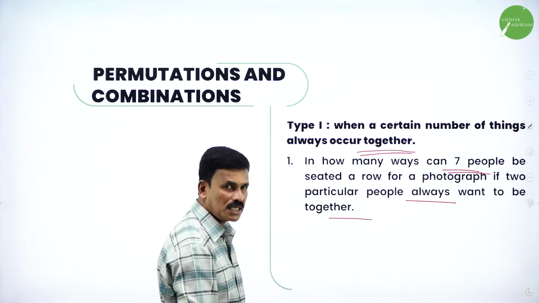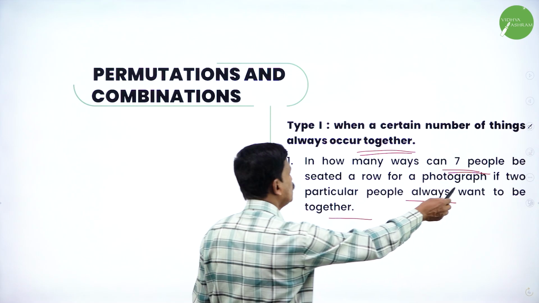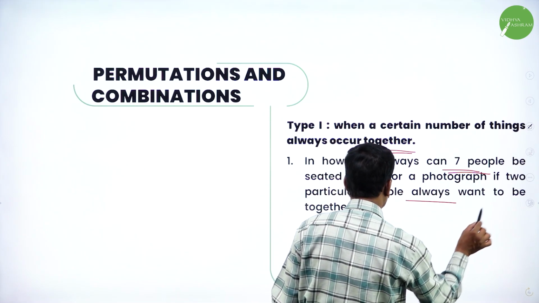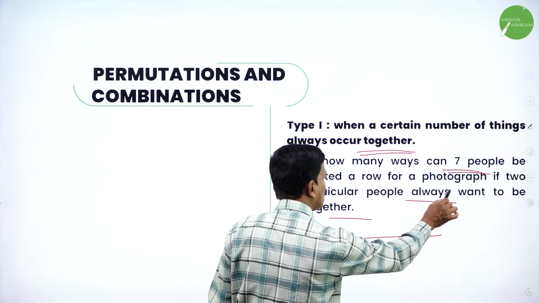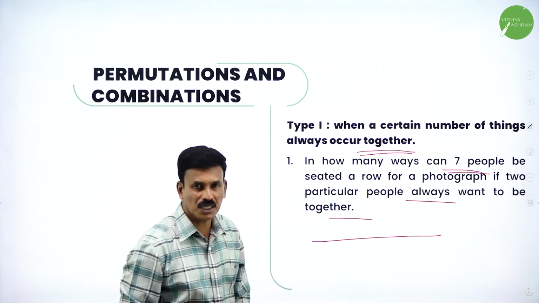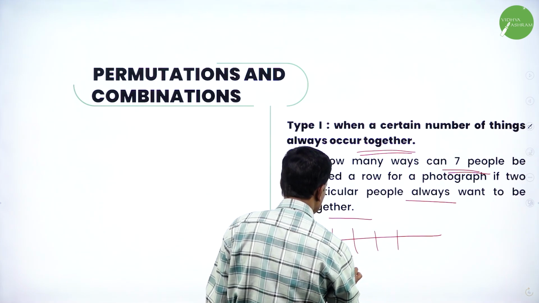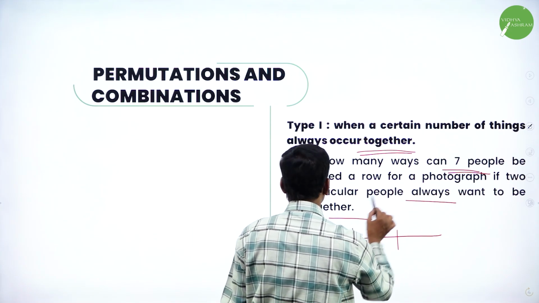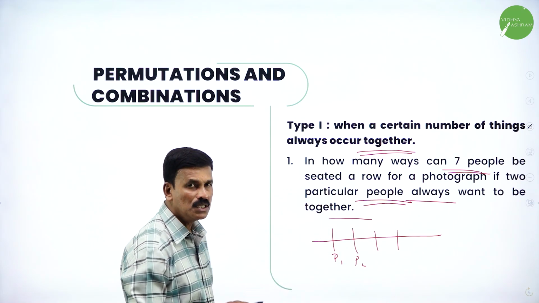In how many ways can 7 people be seated in a row for a photograph if 2 particular people always want to be together? Now we have to arrange 7 people.